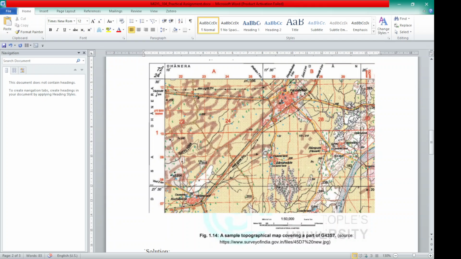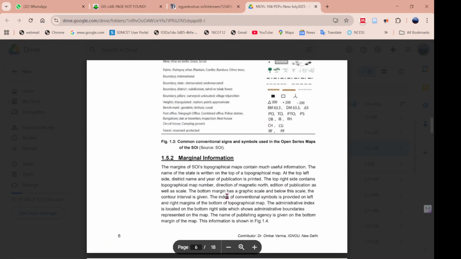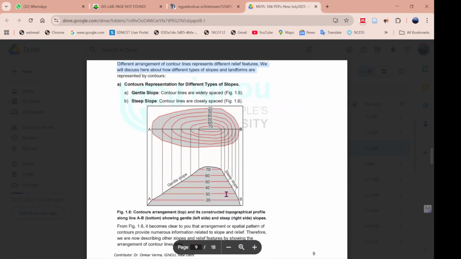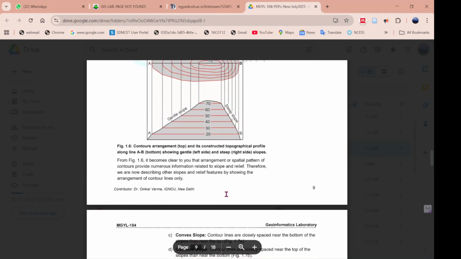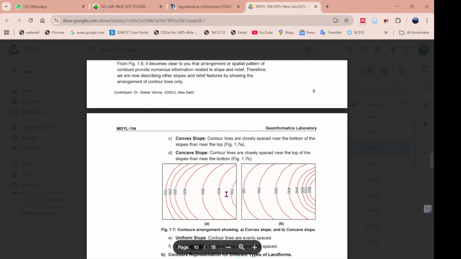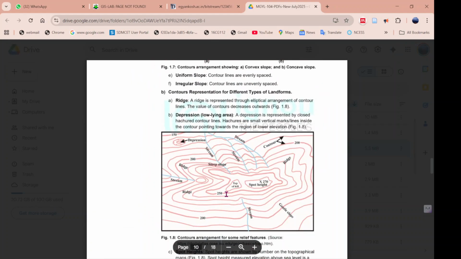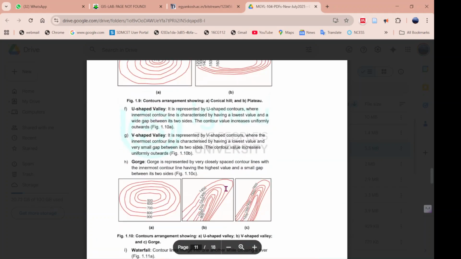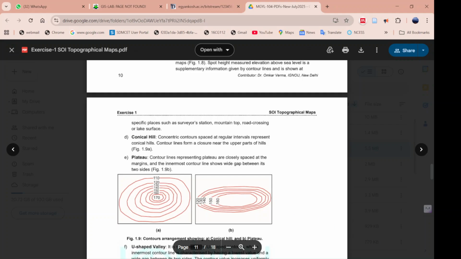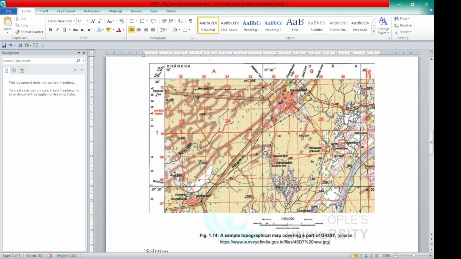So let's just go back to the same, and basically I don't really see any contour lines, so that's a problem.